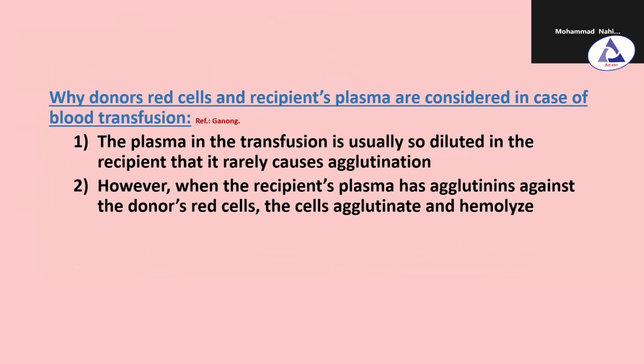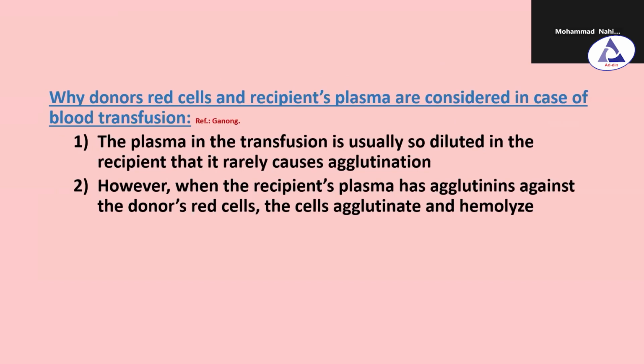Now, you have to know why donors' red cells and recipients' plasma are considered in case of blood transfusion. The number one reason: the plasma in the transfusion is usually so diluted in the recipient that it rarely causes agglutination. Earlier, we learned about agglutination. What was agglutination?